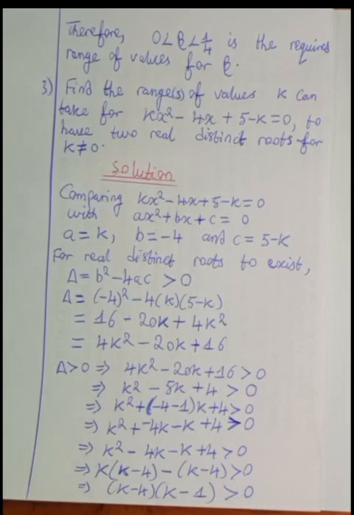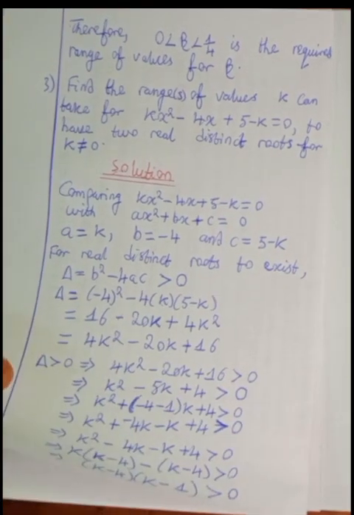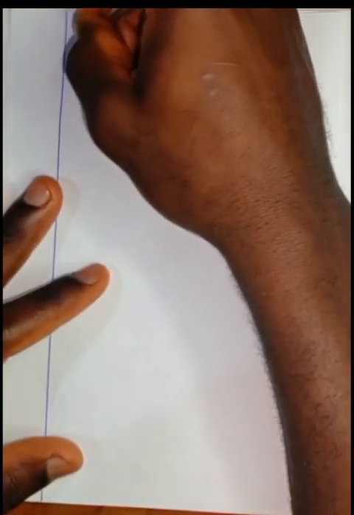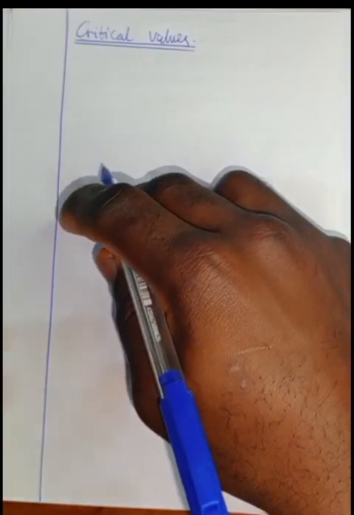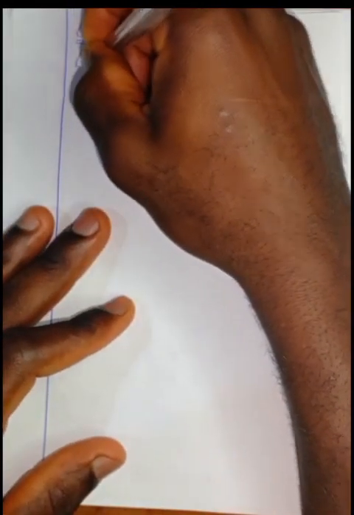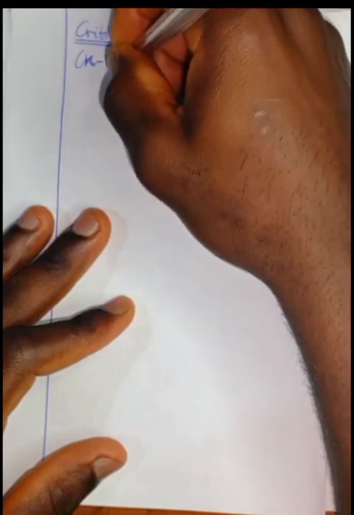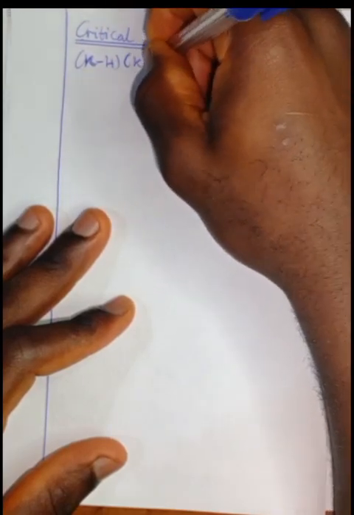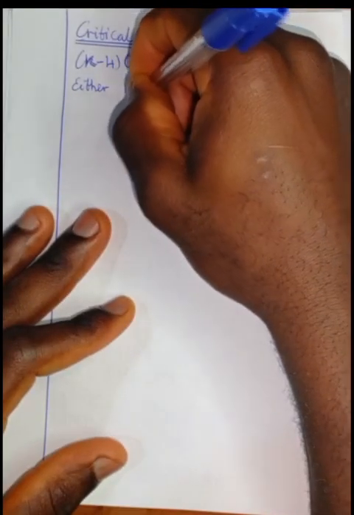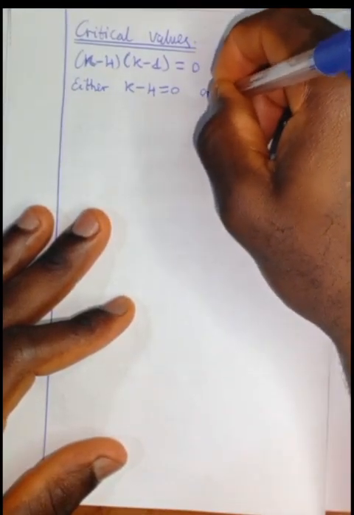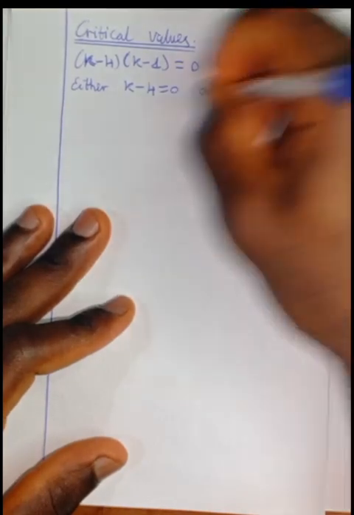For us to solve this quadratic inequality, we are going to start first by finding the critical values. For us to get the critical values, we are going to equate k minus 4 times k minus 1 equal to 0. This will give us either k minus 4 is equal to 0 or k minus 1 is equal to 0.